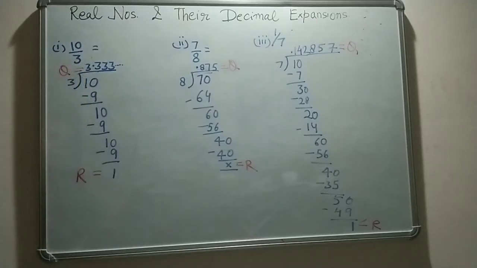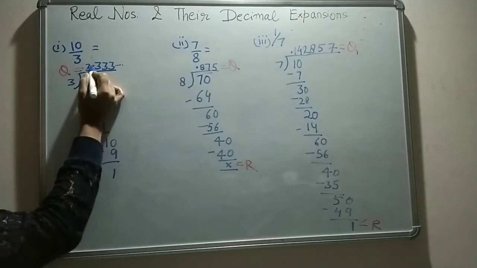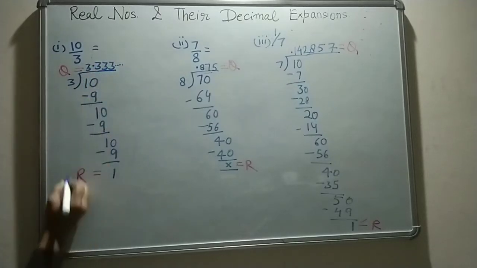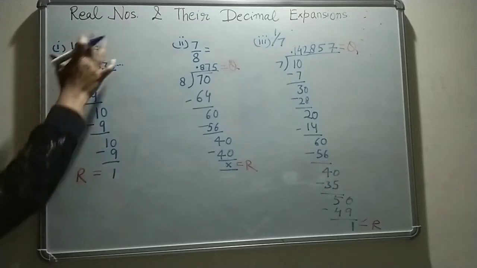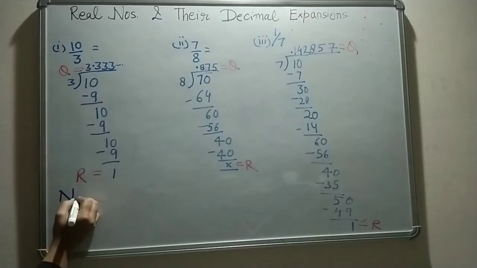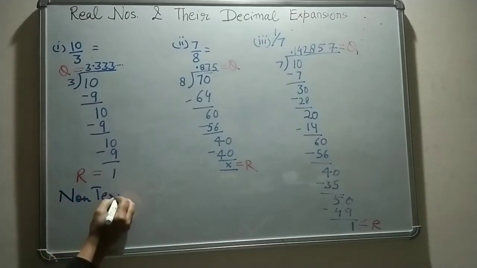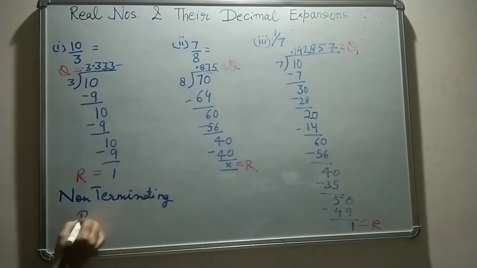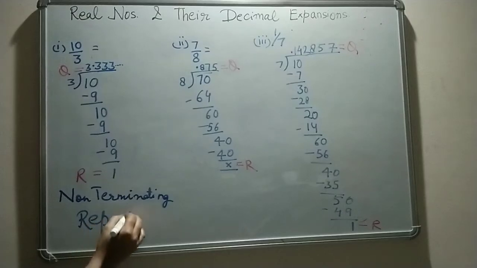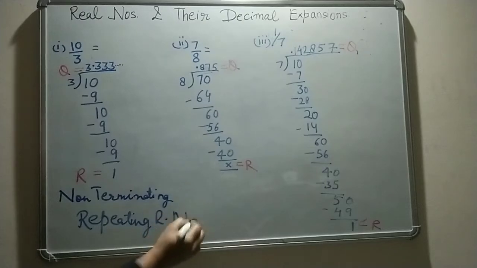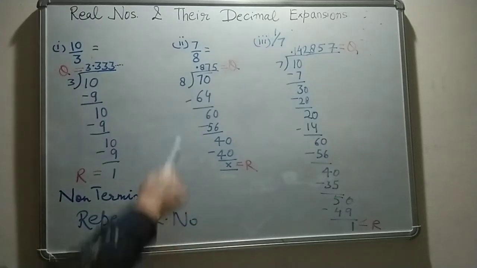Now, if you look at the pattern over here, you will see that when we divide 10 by 3, after the decimal we get the same number repeating, 3, 3, 3, 3, 3. So we will term this a non-terminating repeating rational number. Now what is this?